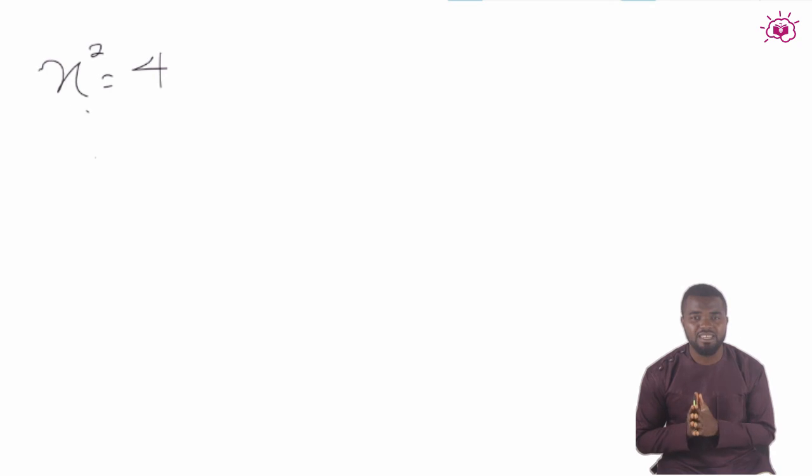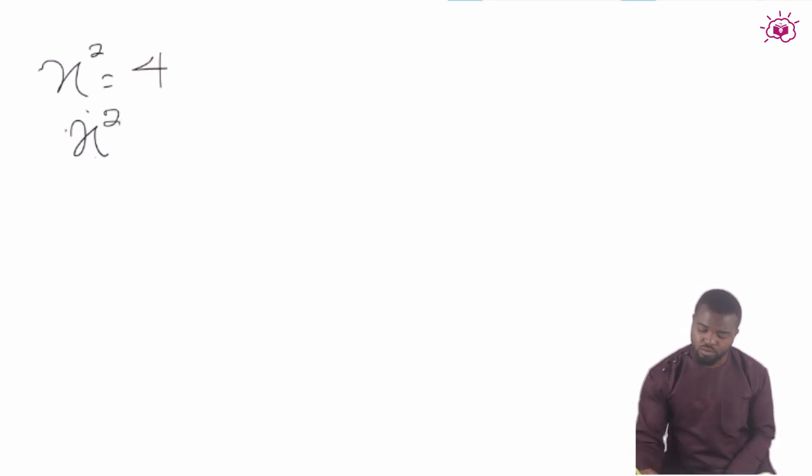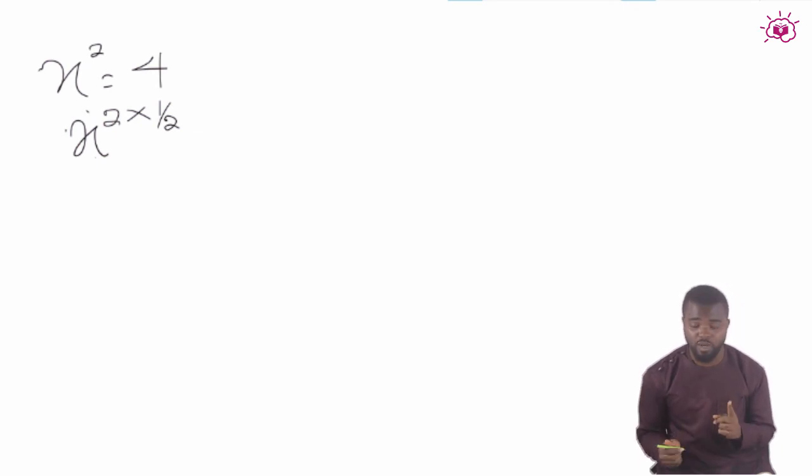If we are to use the power reciprocal multiplication, we multiply the power of x by its reciprocal. The reciprocal of 2 is 1 over 2. So you say 2 times 1 over 2. That reduces the power of x to 1.